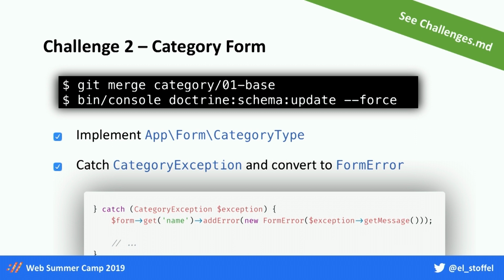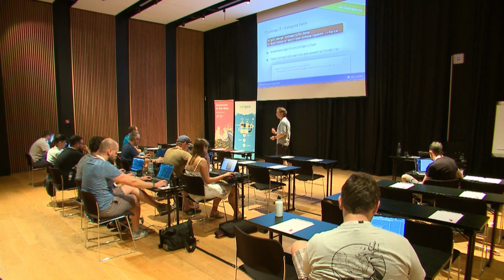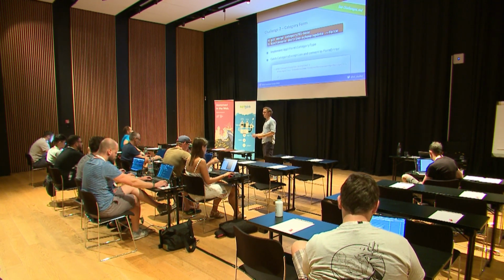So the first thing we did in the category type was to implement the build form method with adding the name field and configuring that the category type is also our data mapper. The next thing is to implement the data mapper interface. So our category type extends the abstract type and implements the data mapper interface.